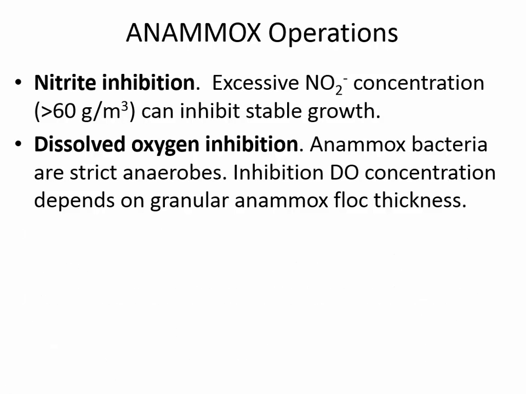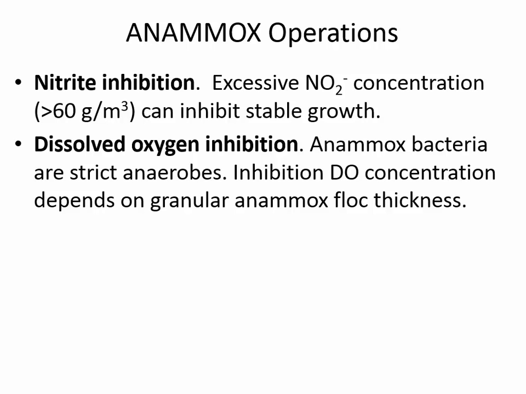The other thing is that on the inside of those bacterial flocs, those are strict anaerobes. So the oxygen concentration inside the reactor, they sometimes have to fine-tune depending on the thickness of the granules.